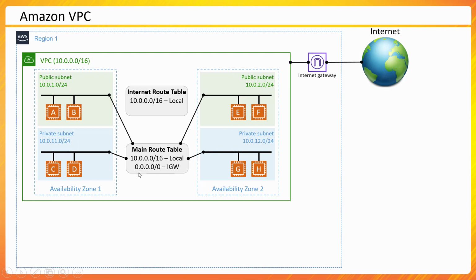So what I should do is remove the entry of IGW from my main route table and transfer it to the internet route table, so that the main route table won't have a way to talk to the internet, and only the internet route table would have a way to talk to the internet. So let's go ahead and implement this in our AWS console.